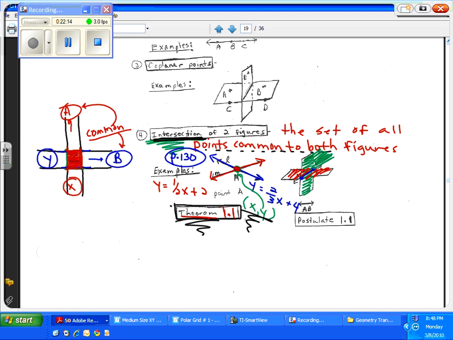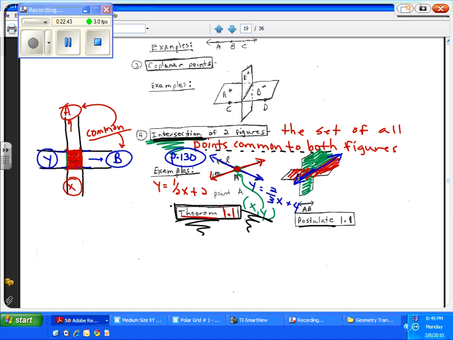But if we consider the fact that this plane extends infinitely and this plane extends infinitely, then we would have to consider that the intersection of those would extend infinitely. And with our eyeballs and some thinking, we can reasonably conclude that the intersection of two planes is a line.